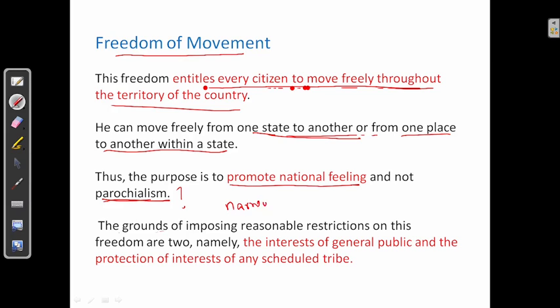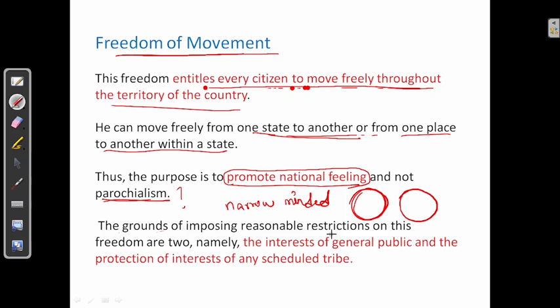Nothing but narrow-mindedness. For example, if we stay in a community, we feel responsible only to that community. If anything happens in another community, we just don't bother. That state of mind should be changed. So, to promote the national feeling, this freedom of movement was included.